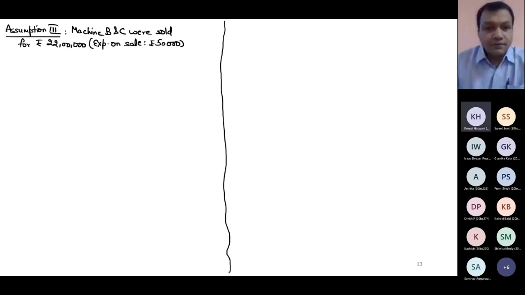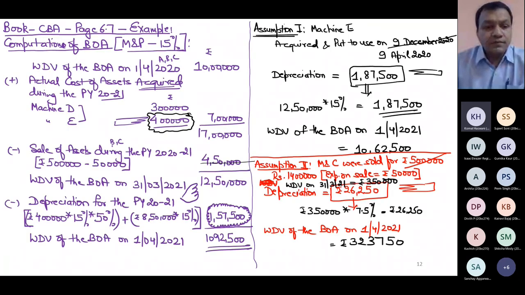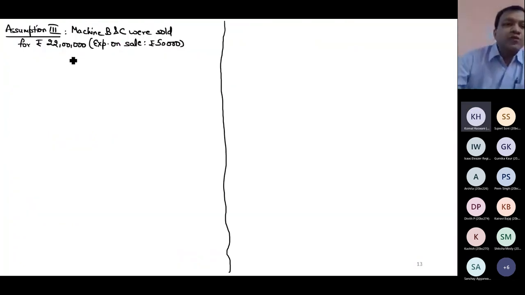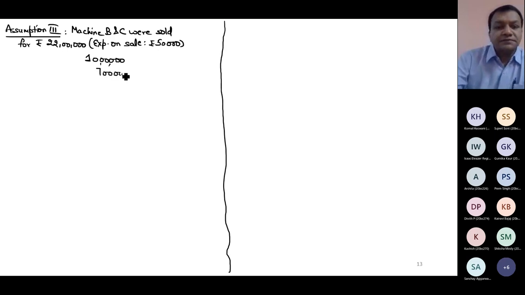Value of block of assets cannot be negative, thus it will only reduce by the amount that we have prior to the sale. So if my closing WDV was 10 lakh, I added 7 lakh. Total became 17 lakh.